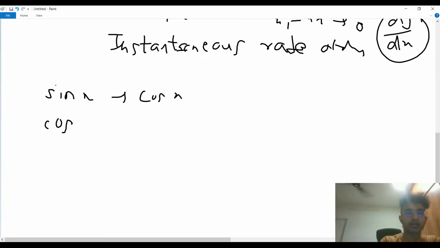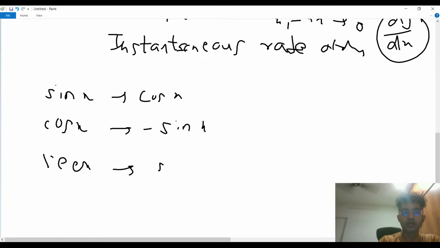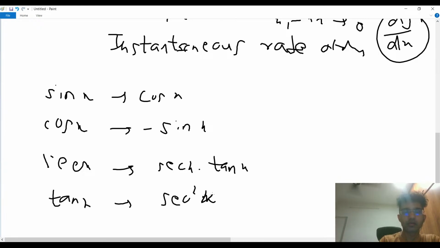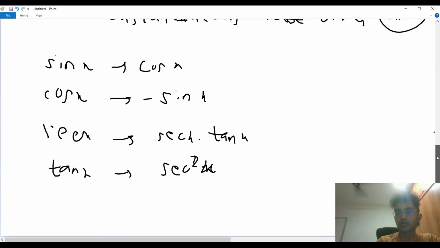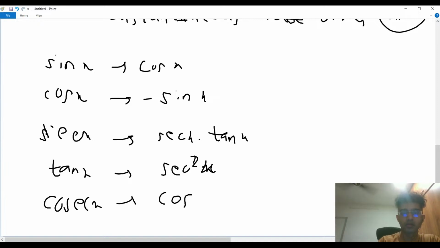Derivative of cos x is minus sine x. Derivative of sec x is sec x into tan x. Derivative of tan x is sec square x. Derivative of cosec x equals minus cosec x into cot x. Is this clear, everybody?